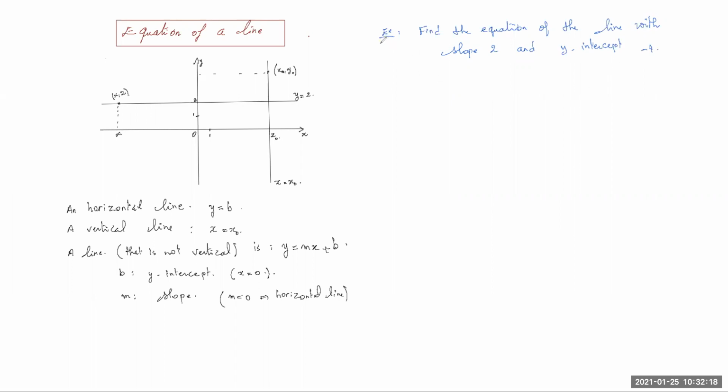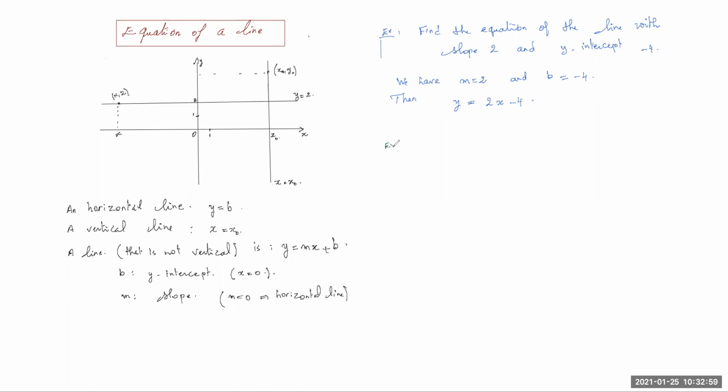Here the answer is easy. Since they said slope 2, we have m equal to 2, and I know b equals minus 4. Then the equation will be y equals 2x minus 4. That's all. This is what we saw just now.